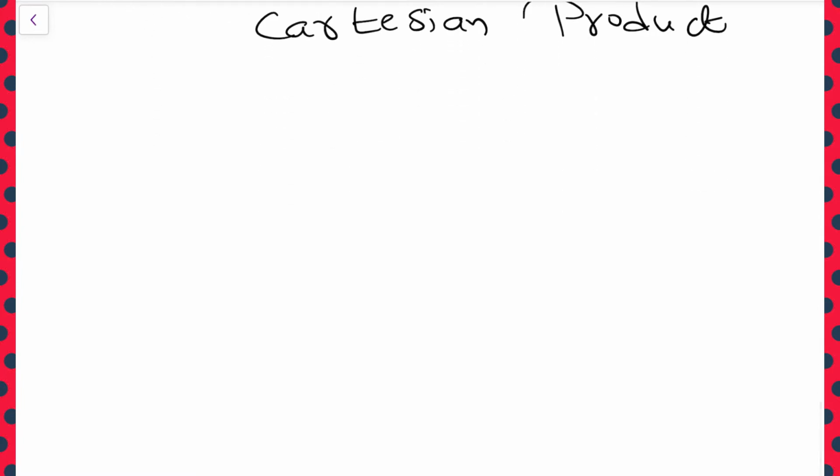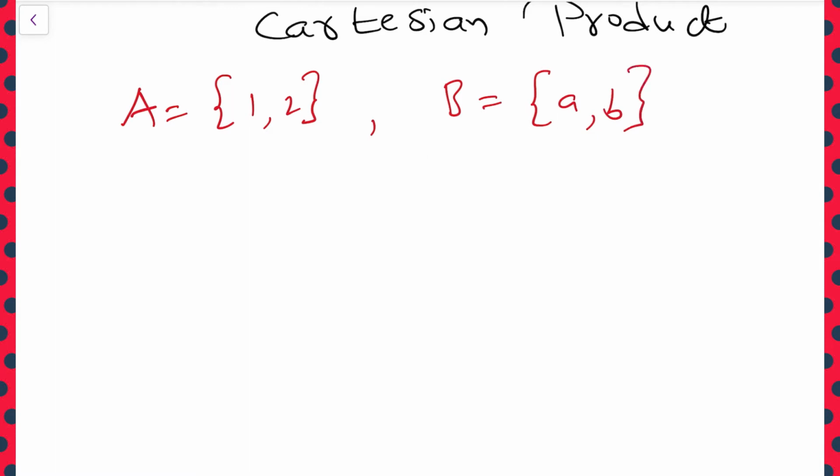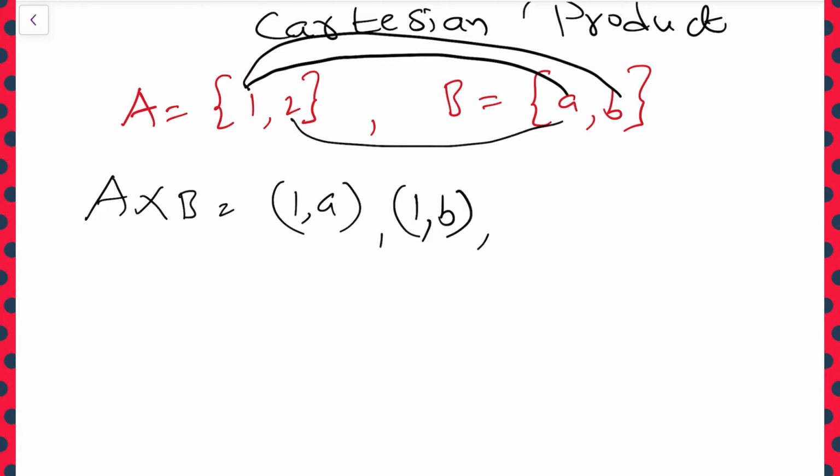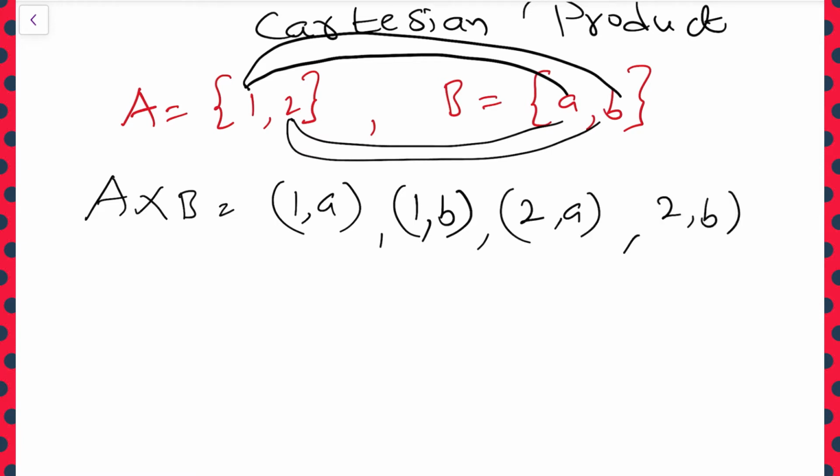We have set A where the elements are 1, 2, and one more set B where the elements are a, b. Now I am going to write the Cartesian product, that is A cross B: (1, a), (1, b), (2, a), (2, b). This is the Cartesian product.